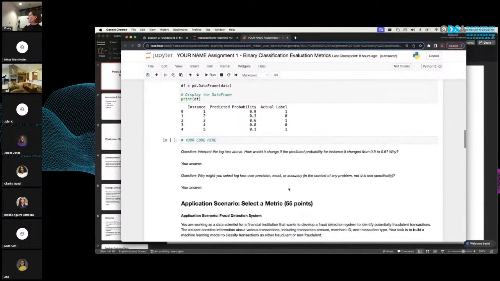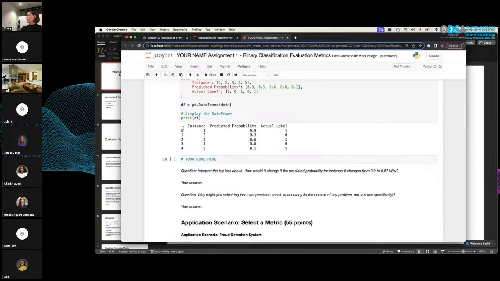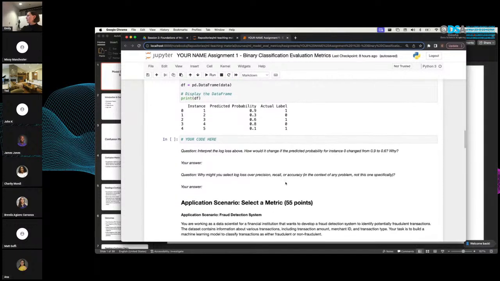I should have put actual points on here, but this is, can you interpret the log loss above? So I guess that's the same as the question, but how would it change if you change the predicted probability for instance 0 for this first instance here from a probability of 0.9 to 0.6, and talk about that.